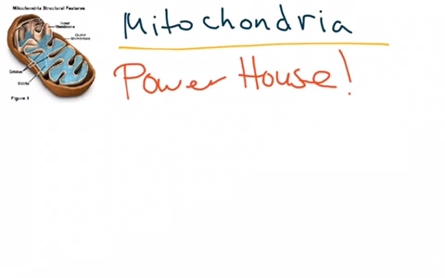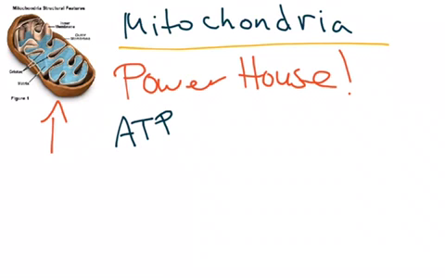And a little bit later on, we talked about respiration. Respiration is the process used by your cell, specifically by your mitochondria. In that process, it takes the food that you eat, which gets broken down into glucose, and it converts that glucose into the energy molecule. If you remember, that is ATP.